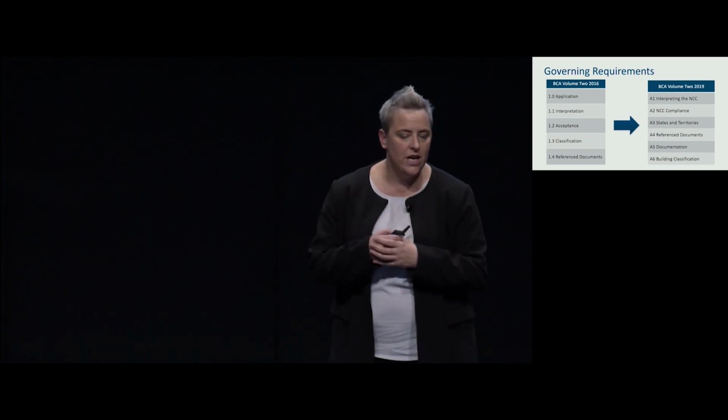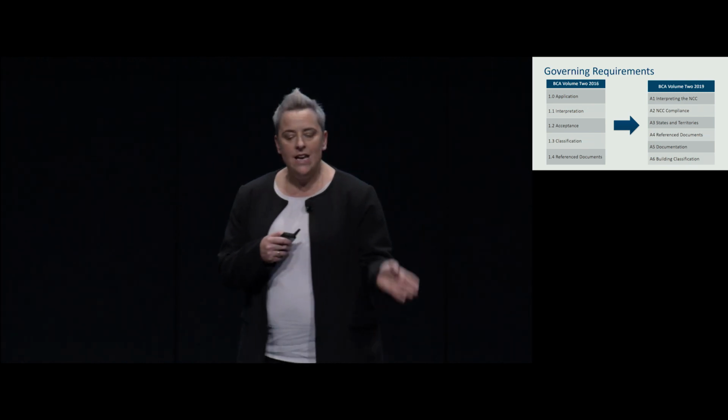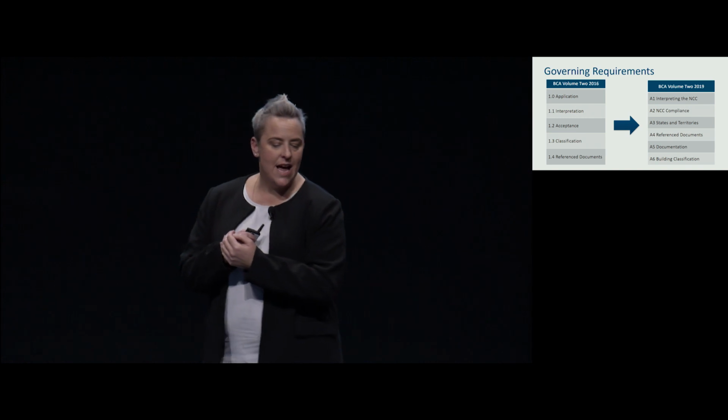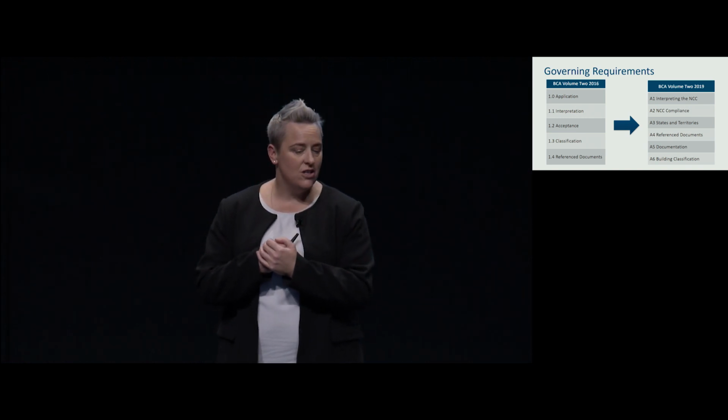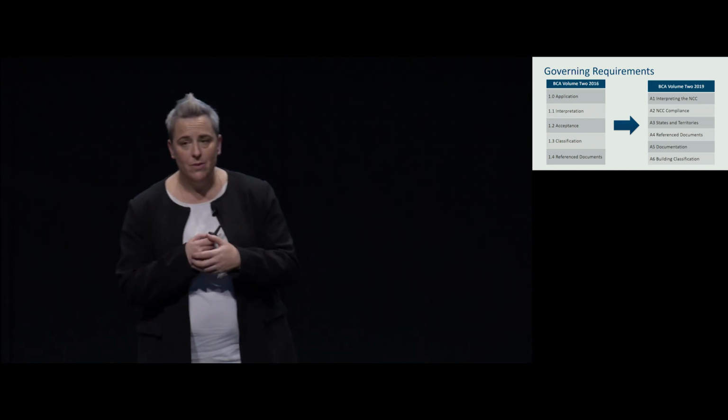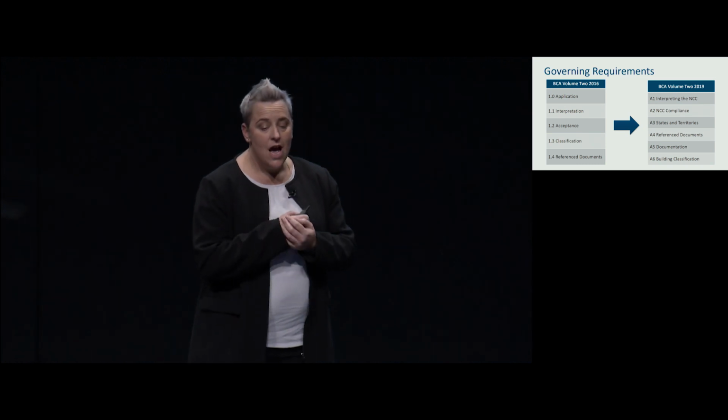As you'll see on the screen, we have the structure for the 2016, and now it's our governing requirements, and now we've got the structure for the 2019. It's exactly the same as what volume 1 has.